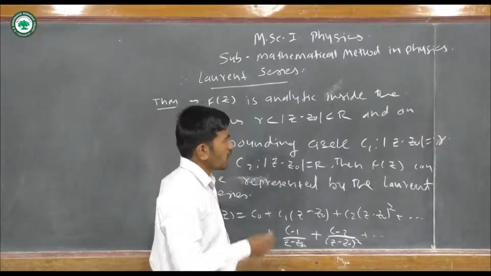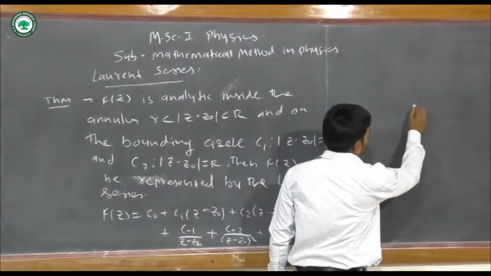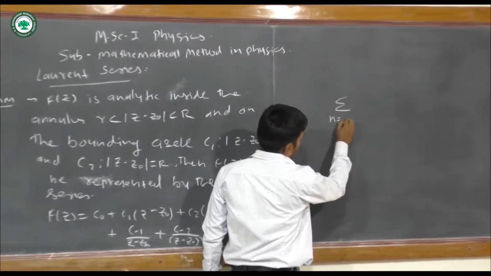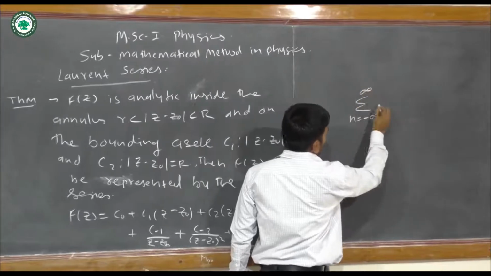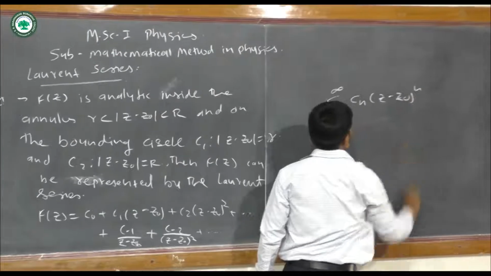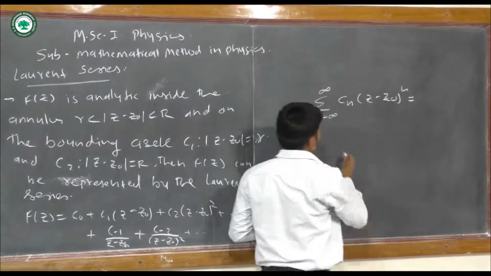What is the Laurent series? If we have a series of the form, summation over n from minus infinity to plus infinity of Cn (z minus z naught) to the power n, this series can be written in two parts.